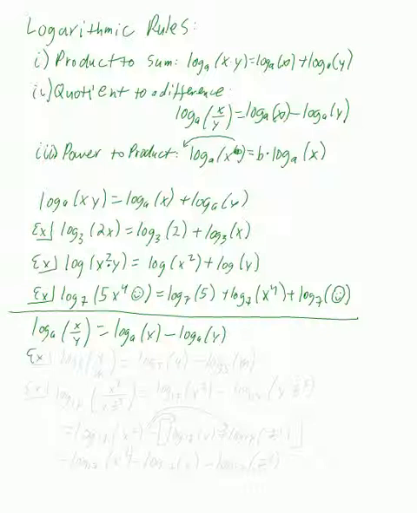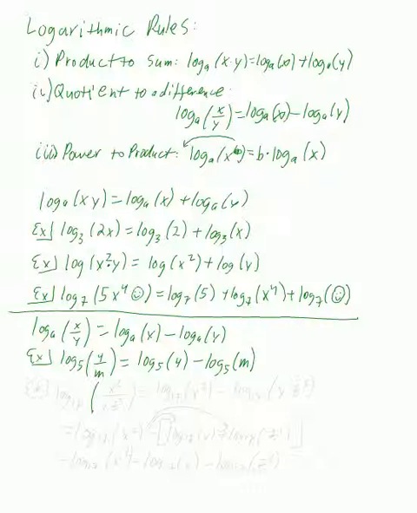Let's do an example. Here we have log base 5 of 4 over m. Well, just like the rule says, this will become log base 5 of 4 minus log base 5 of m.